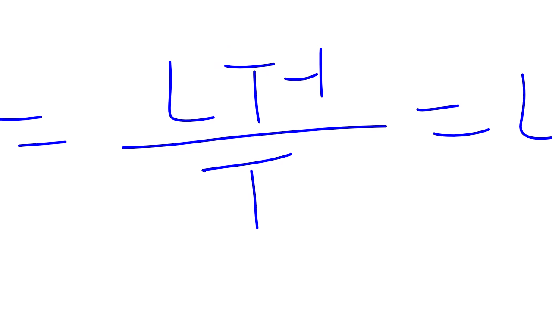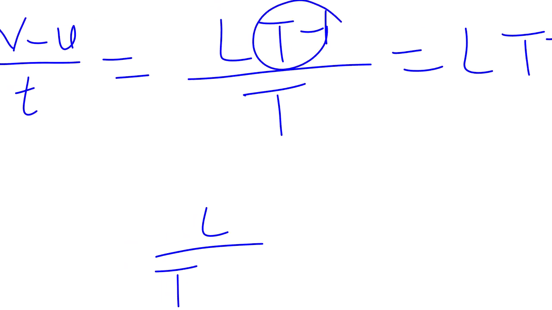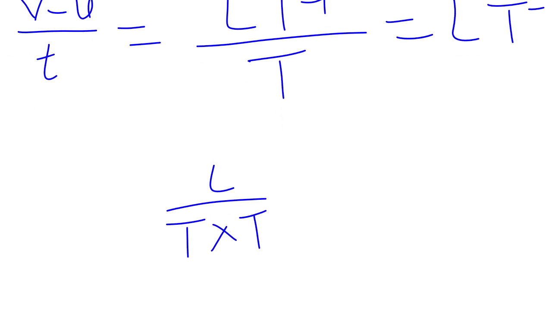It's just to make it appear as if it is a numerator. That's why it has this negative power. So it's just L all over T, and again you have another T there. Just add a multiplication sign, this T times T. At the end of the day, you end up having L over T raised to the power of 2 now.